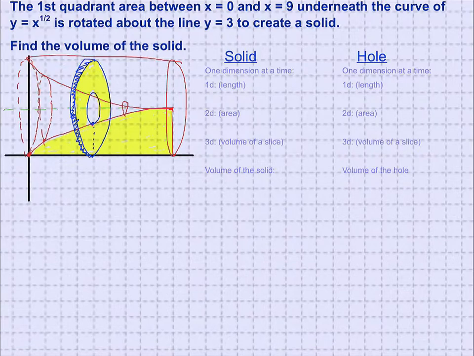So first off, let's take the volume of the whole solid. This one's actually pretty easy. The volume of the whole solid has nothing to do with the line y equals x to the 1/2. It is only based on, you can see it over here too, the radius of that solid shape, which is just 3.